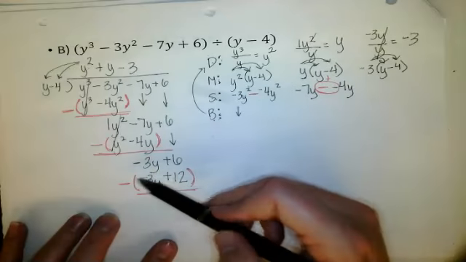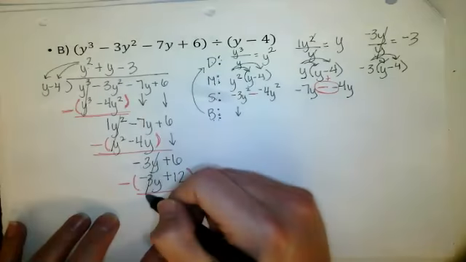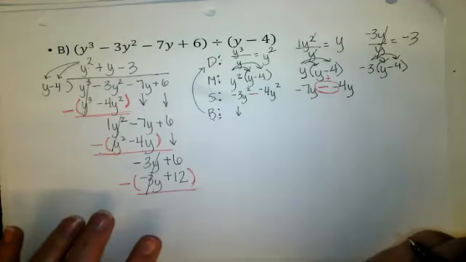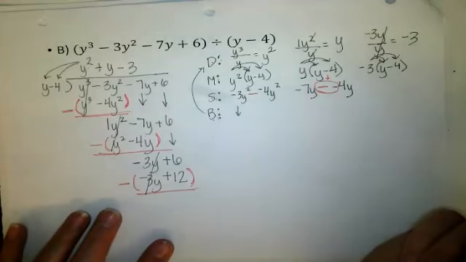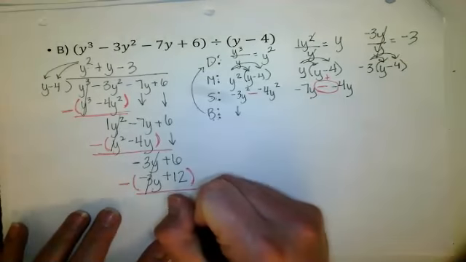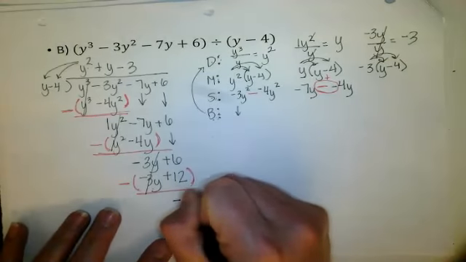Negative 3y minus a negative 3y is 0. 6 minus 12 is negative 6.